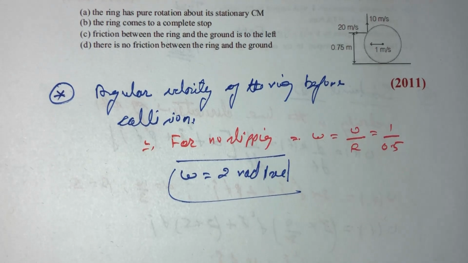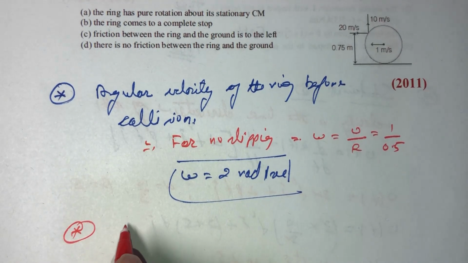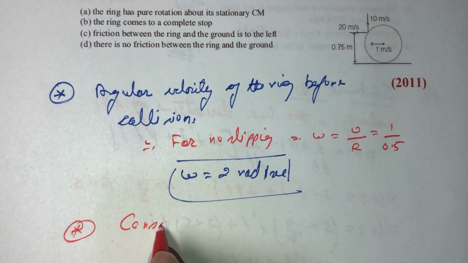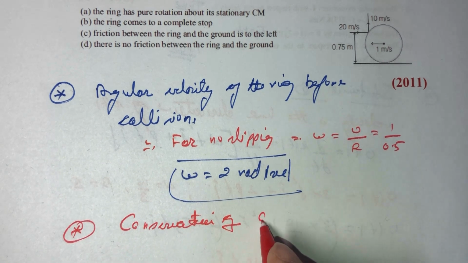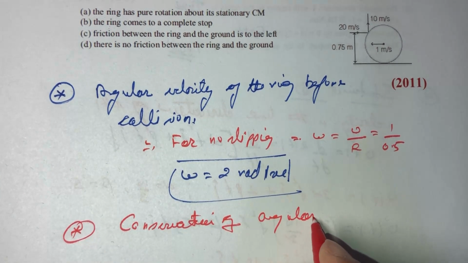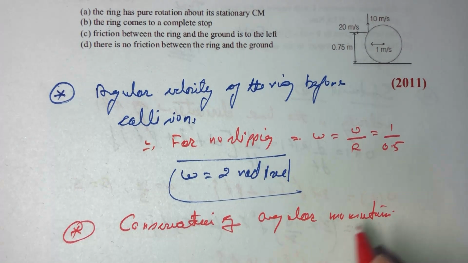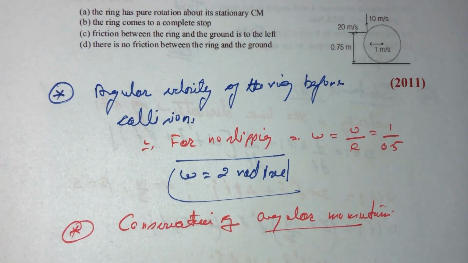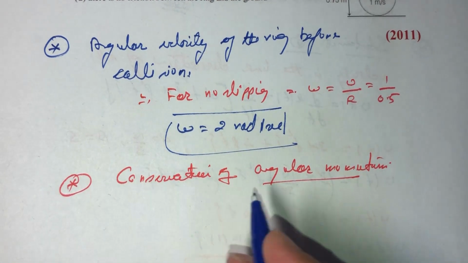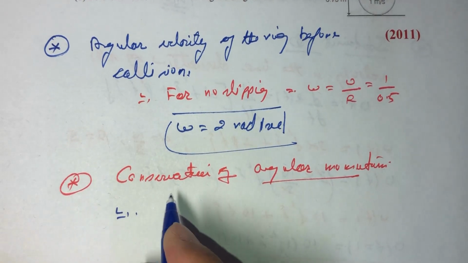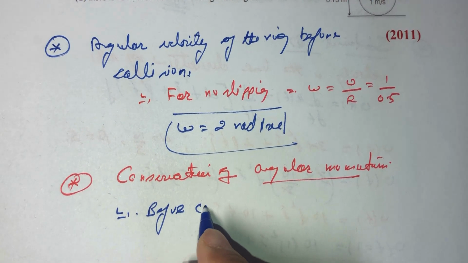Now let us start with the conservation of angular momentum. First of all, let's calculate the angular momentum before collision.